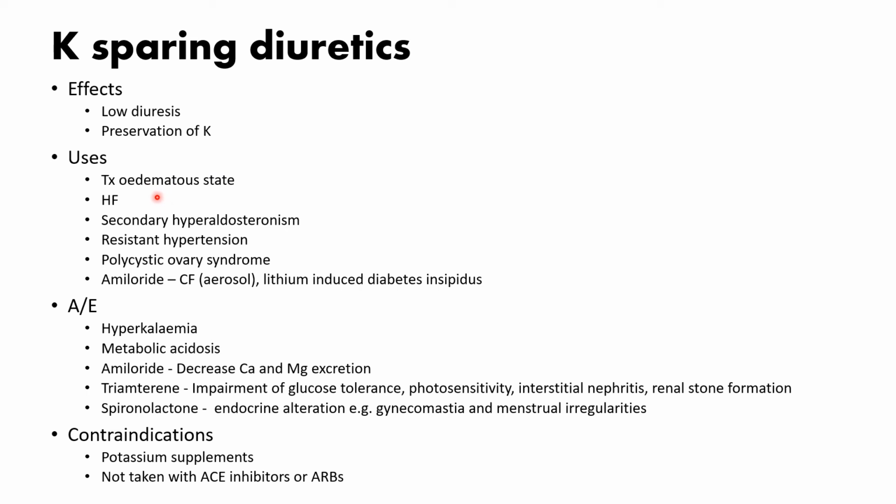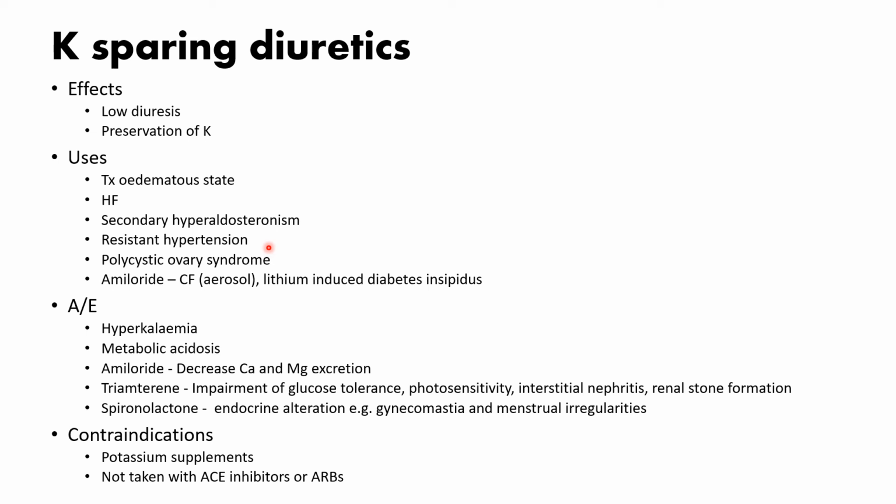They're also used in heart failure patients to reduce cardiac remodeling, which may reduce mortality and increase the survival of the patient. They're used in secondary hyperaldosteronism and resistant hypertension. So in patients that have shown no response to a cocktail of other different antihypertensive medications, then we might use potassium-sparing diuretics to help them.